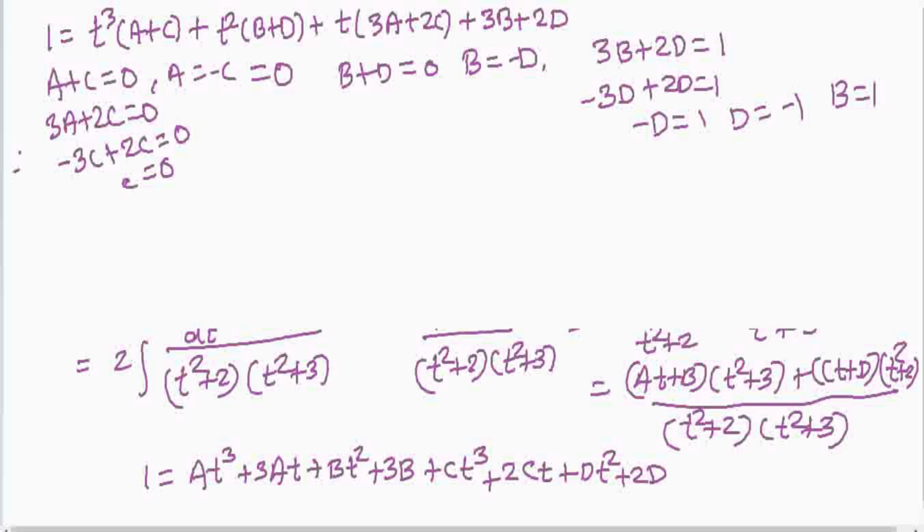This is equal to, you can see that this integration is converted into 2 into integration of, we have taken at plus b, so 1 divided by t square plus 2 minus 1 divided by t square plus 3 into dt by using partial fraction.